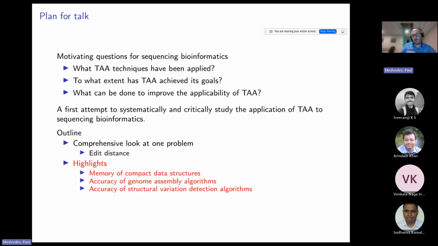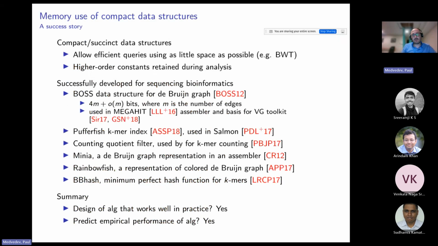Now I want to go more anecdotally and cover a couple of areas within sequencing bioinformatics and see how theoretical analysis has impacted the field there. So first, kind of the success story, and these are the success stories coming from compact or succinct data structures.